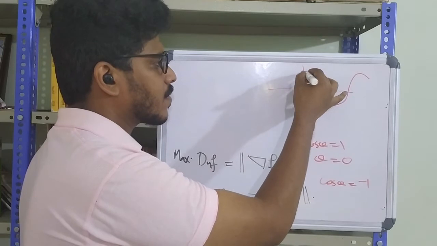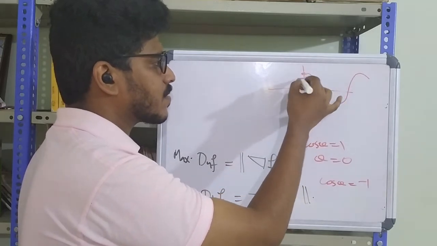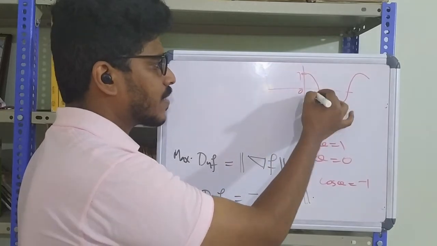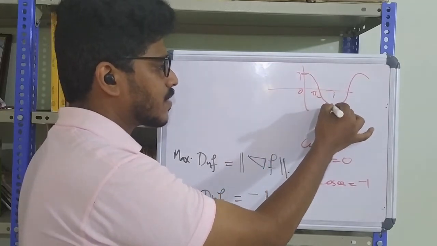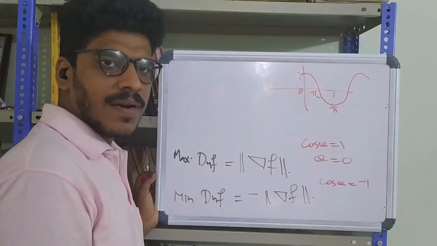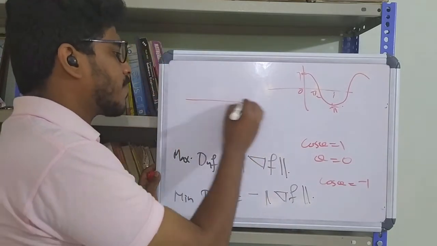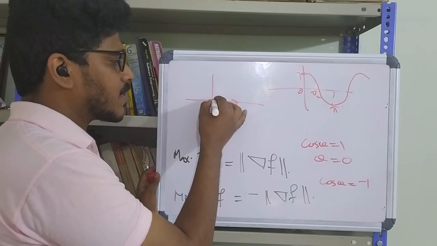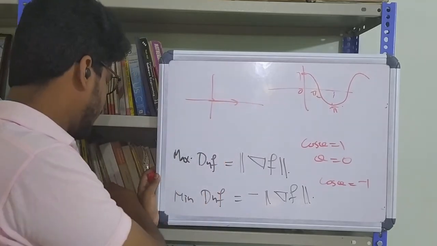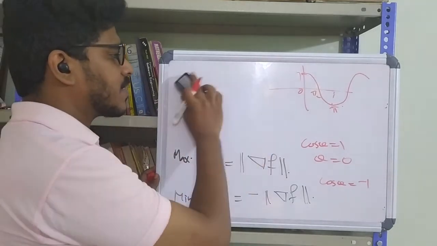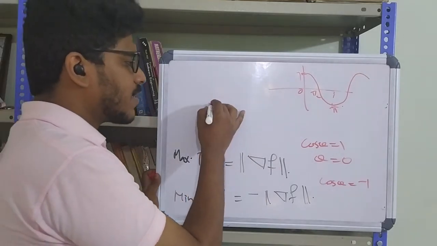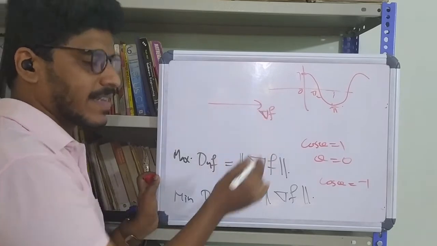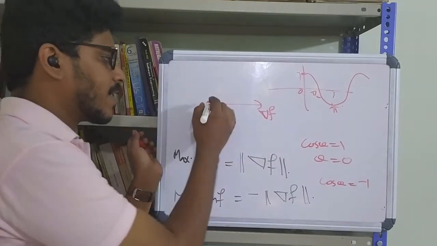Right. So this is the point where theta equal to 0, cos theta is 1, and this is pi by 2, and this is pi. Right. So suppose we have the function f in a specific direction. Let this be the direction of grad f. Grad f is a vector, so let this be the direction of grad f.